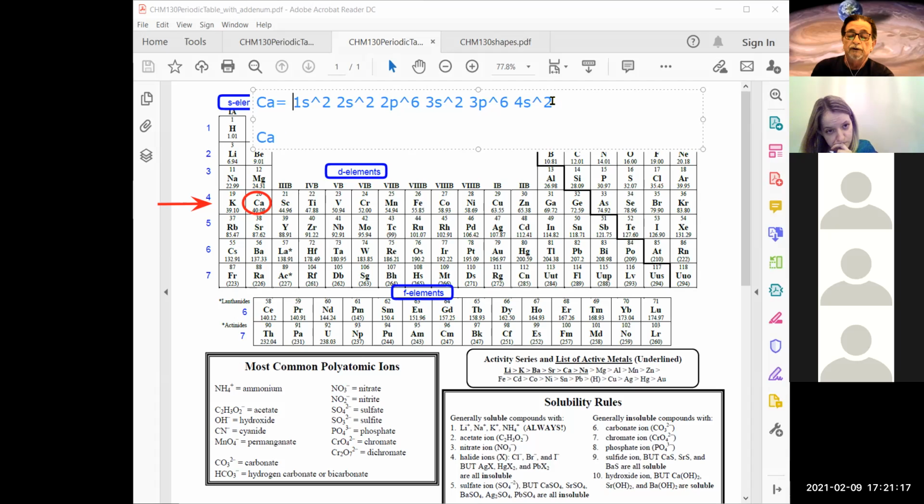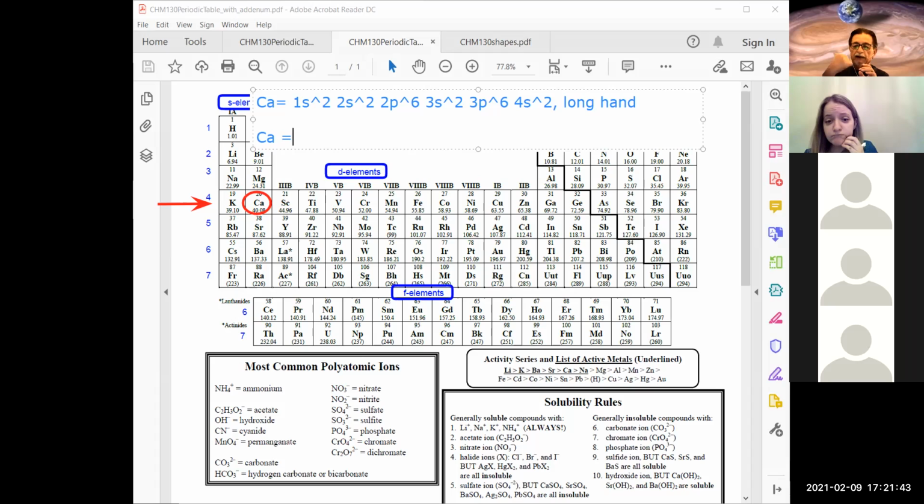That is the longhand. For the shorthand, we find the element that we're looking for, which I've got circled already, calcium number 20, and we go back to the very first gas, which is in group 8.